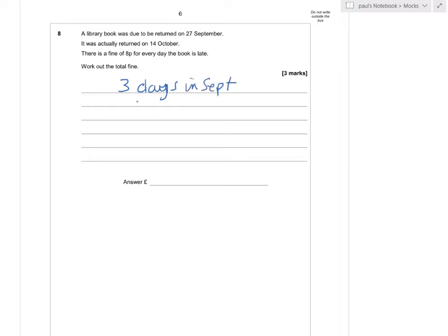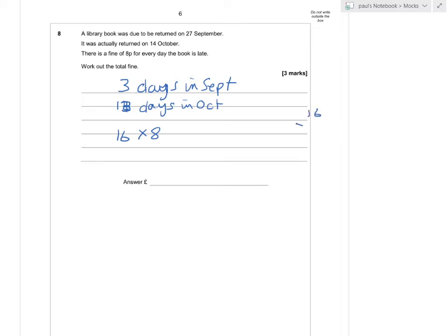And another 14 days in October. And that's 22 days. Oh no, it was returned on the 14th, so you only have to pay 13 days worth of October. So 21 days times 8p.